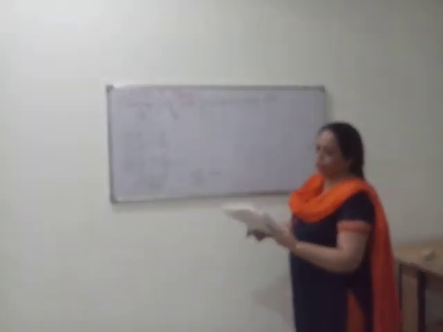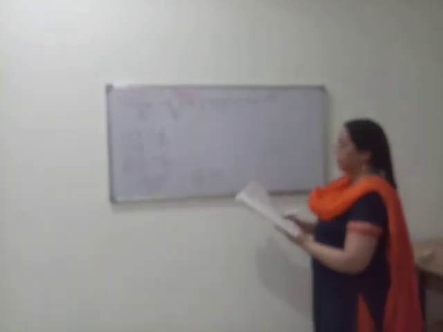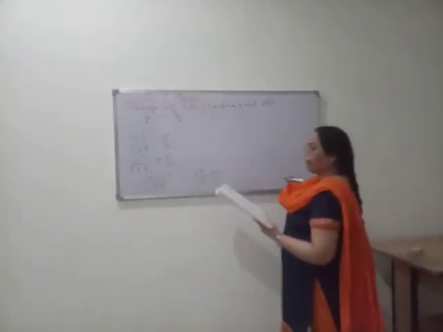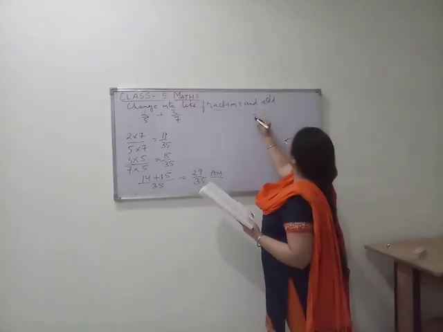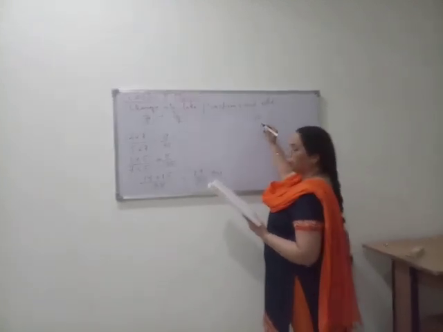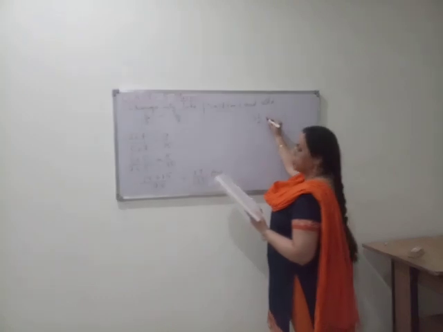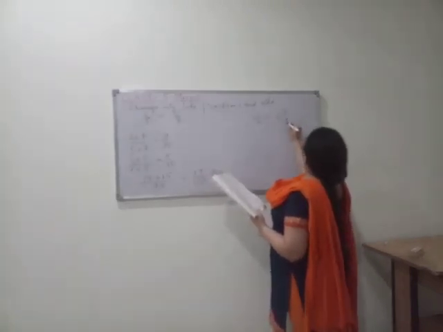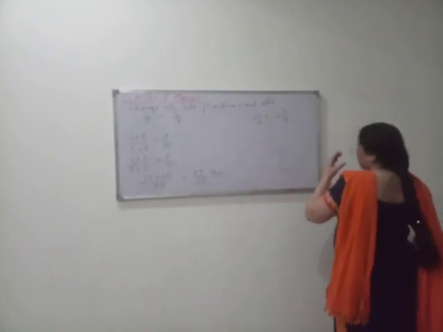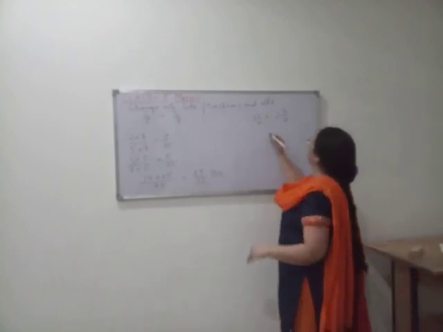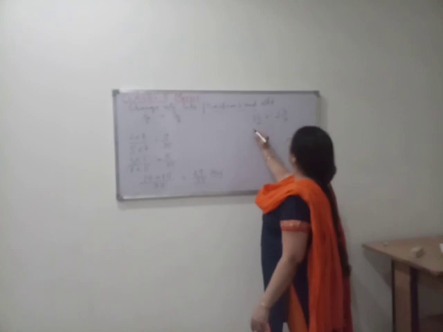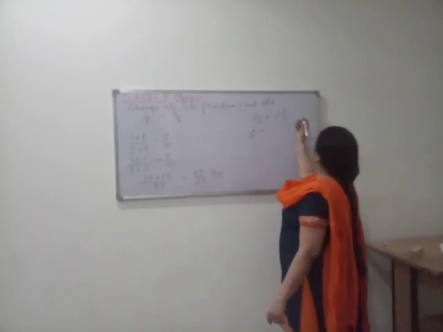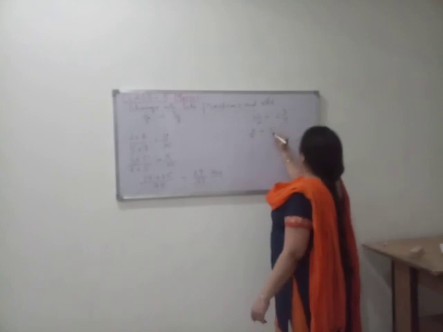Then the next question will be mixed fractions into like fractions. We have to change the mixed fractions into improper fractions first, and then after making them improper fractions, we have to make them into like fractions. 3 twos are 6, 7 upon 2, plus 2 fours are 8, 9, 10, 11 upon 4.